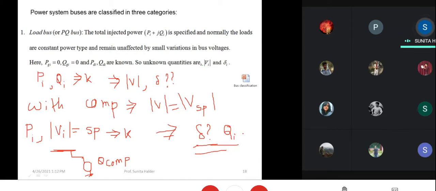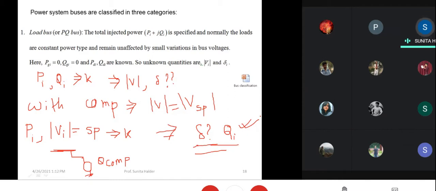How long will this criterion be fulfilled? Until and unless QCOM is able to maintain the magnitude of voltage. If it is not able to maintain that voltage, then obviously that particular load bus will not be able to maintain terminal voltage.